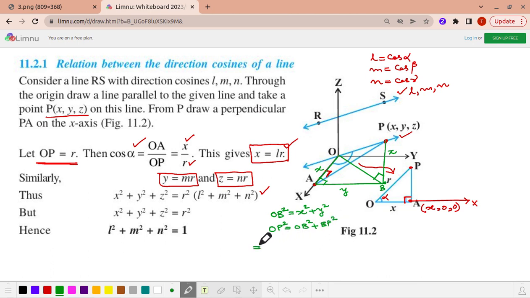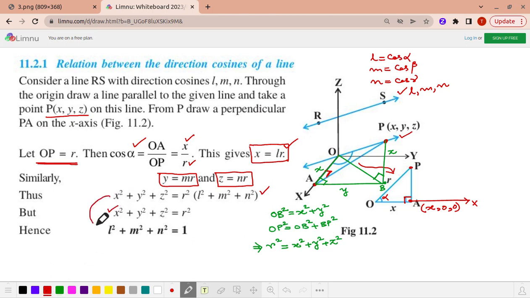So OP square is what? Our assumption is OP is equal to R, so OP square equals R square. So we get R square equal to OB square, which we just found as x square plus y square, and BP square is nothing but z square, since BP is equal to z. So we achieve that x square plus y square plus z square equal to R square.